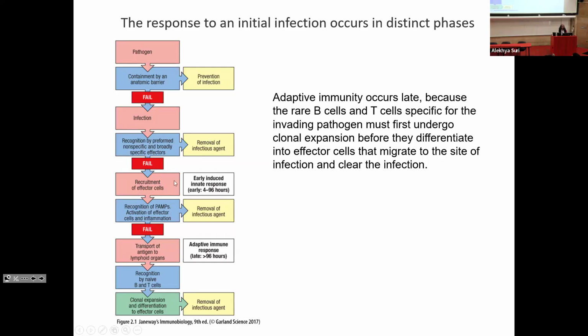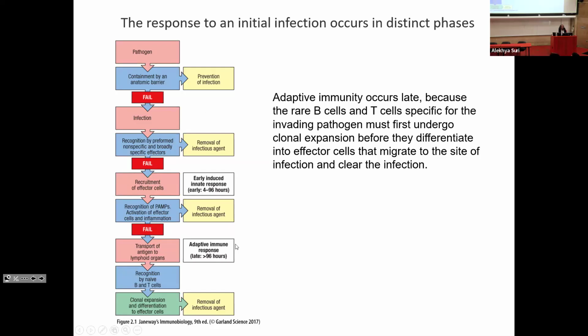If that fails, we have what's called the early induced innate responses, which occur between 4 to 96 hours. This involves recruitment of various cell types to the site of infection. We'll go through each of these in more detail as we go along.